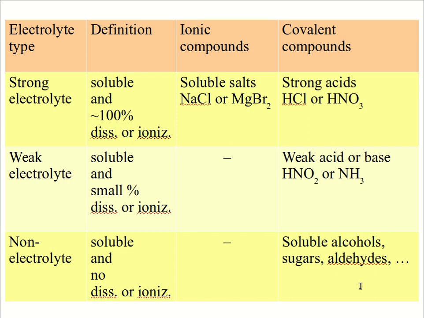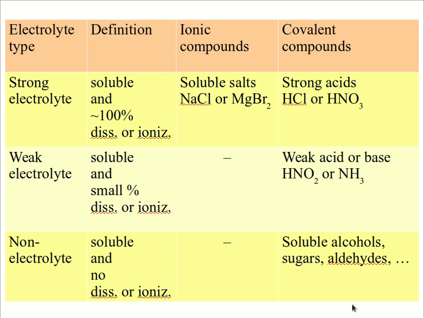And here's where I can only emphasize again this pattern recognition bit. If you have an ionic compound, my life is easy. I only need to be able to tell, is it soluble or insoluble, and then done deal.